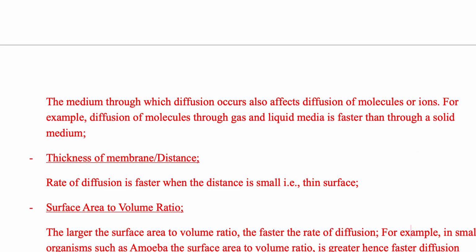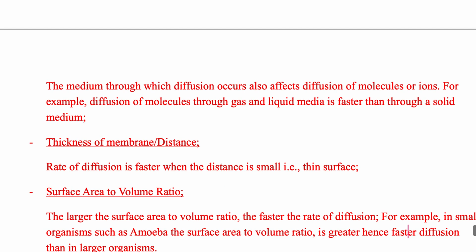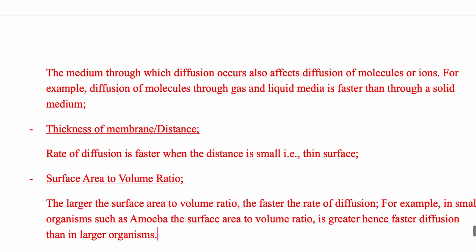Surface area to volume ratio: the larger the surface area to volume ratio, the faster the rate of diffusion. For example, in small organisms such as amoeba, the surface area to volume ratio is greater and diffusion faster than in larger organisms.